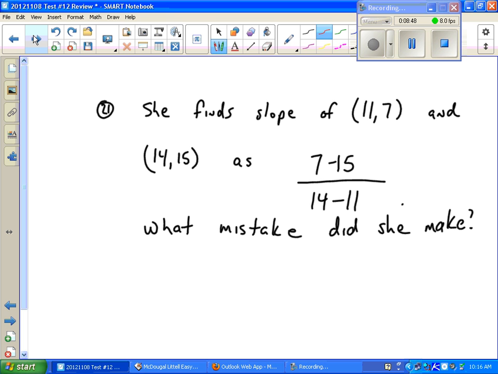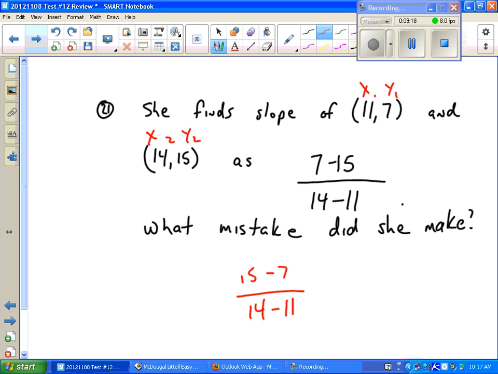Number 21 says student finds a slope of 2 points, (11, 7) and (14, 15), as 7 minus 15 over 14 minus 11. Which mistake did she make? Well, she has x sub 1, y sub 1, and x sub 2, y sub 2. If she uses the formula y sub 2 minus y sub 1, she should have put 15 minus 7 over x sub 2 minus x sub 1, 14 minus 11.